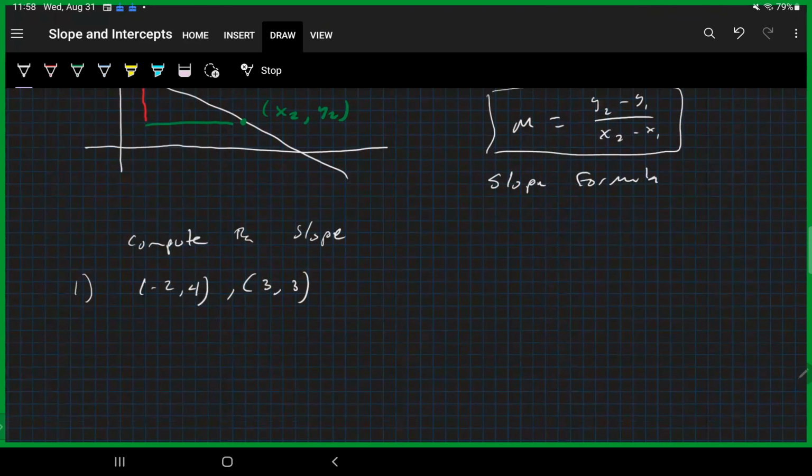So what a lot of people like to do is assign the values, and it doesn't matter which way you plug in the points. Just do it correctly: x1, y1, x2, y2. And again, it doesn't matter which order you pick, as long as you have x1 and y1 together and x2 and y2 together.